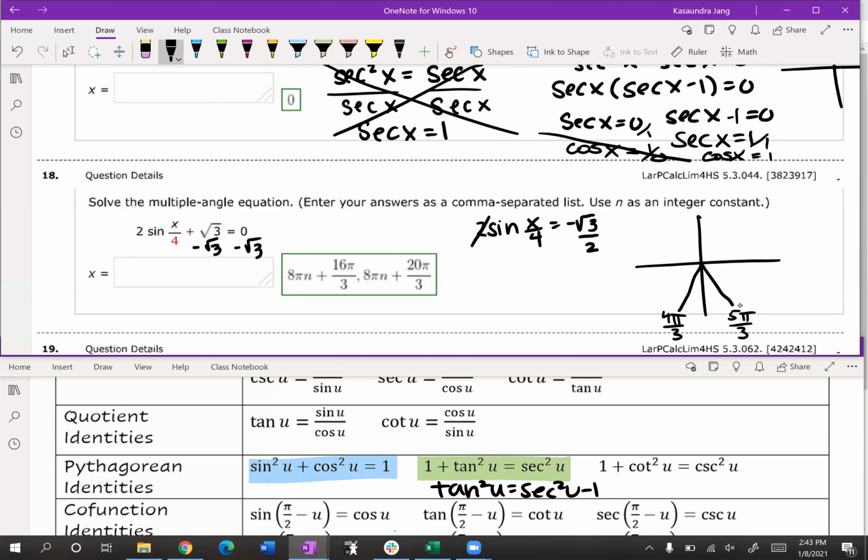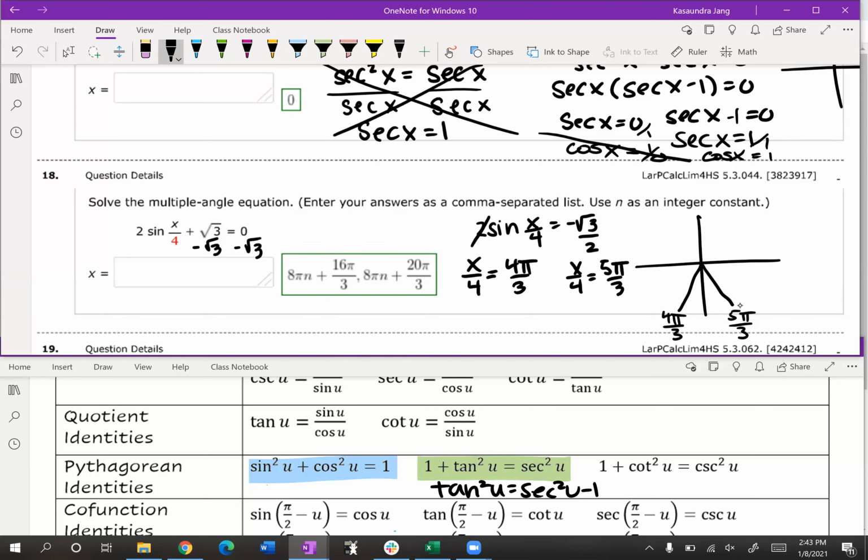Now, if this was straight up sine of x, then great, those would be my x's. But this is not sine of x, this is sine of x over 4. So I'm going to set my x over 4 equal to the 4 pi thirds, and I'm going to set my x over 4 equal to the 5 pi thirds.